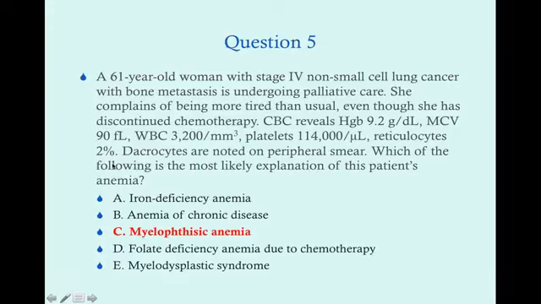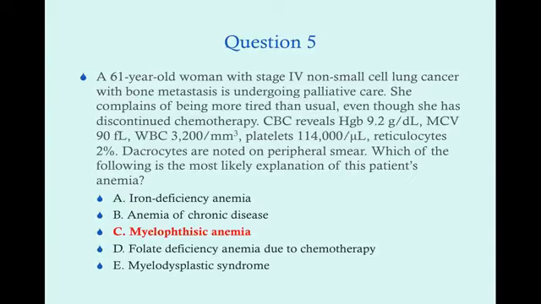Now, is it possible to have a normal MCV and have folate deficiency? Yeah, theoretically. If you have an iron deficiency and a folate deficiency, you can have small cells and big cells, and you put that together, your MCV, which really is an average, it's mean corpuscular volume, it's the average of the size of the red cells, it can fall in the normal, quote-unquote normal range, because you have very small cells and very big cells, and it averages out.